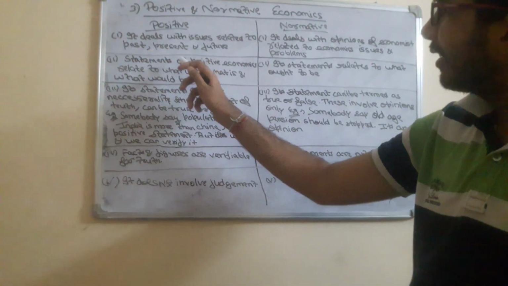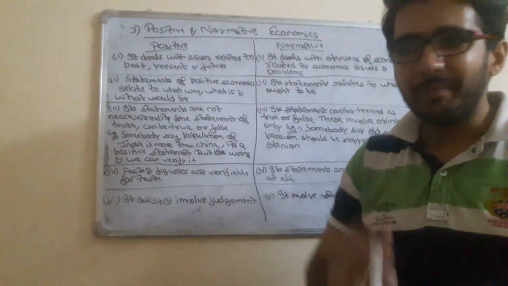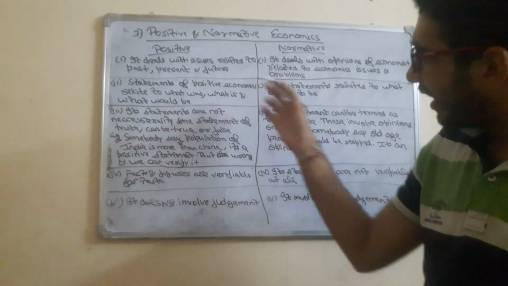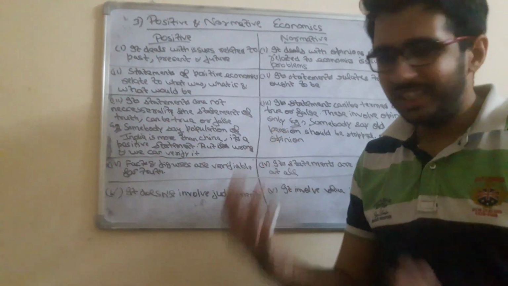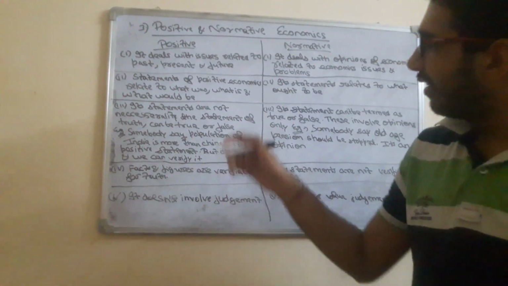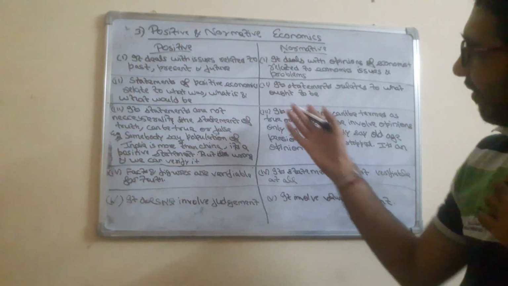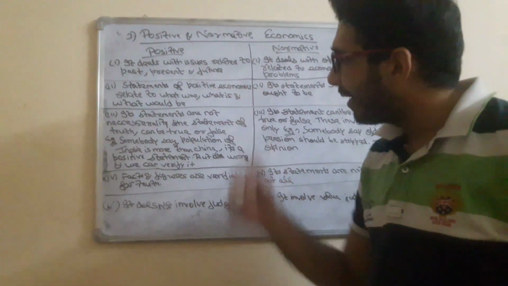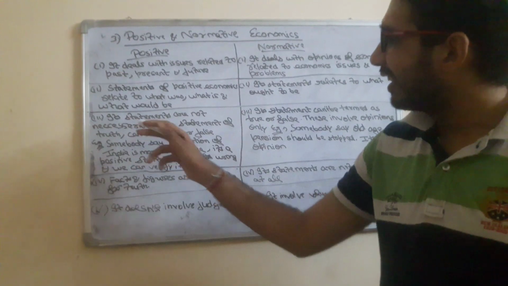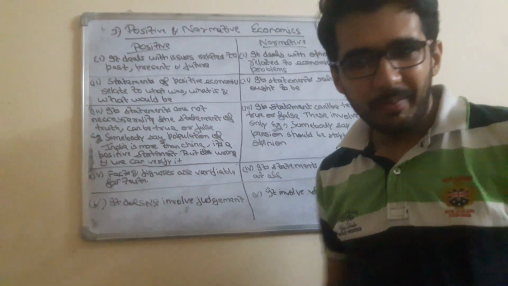Second, statements of positive economics relate to what was, that is, in the past, what is, that is, the present, what is now, and the future, what would be. So with the help of the past and the present, we come to a future explanation in many ways. Its statements are not necessarily statements of truth; they can be true or false.